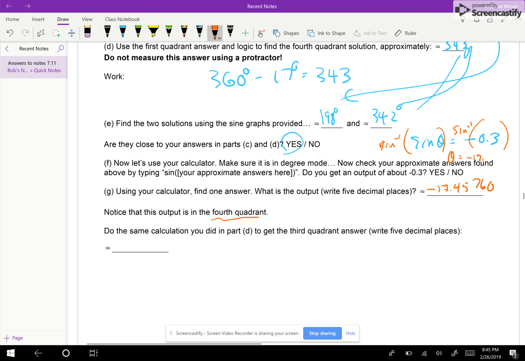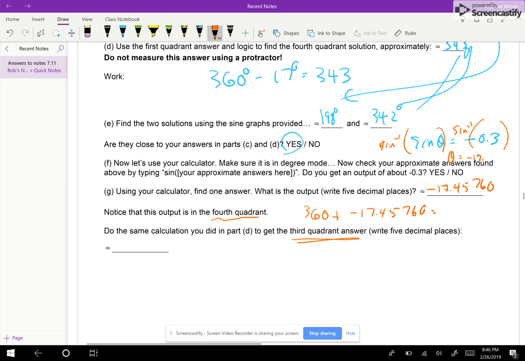How do I get the angle that's in the 3rd quadrant? Well, also, this is not my actual answer that I want. This is the reference angle, and I've got to take the reference angle and subtract from 360, or take this and add it to 360. So if I take 360 plus the negative 17.45760, what do we get?